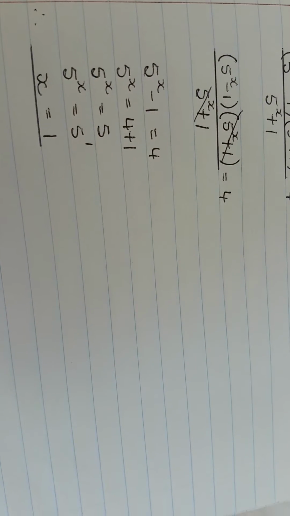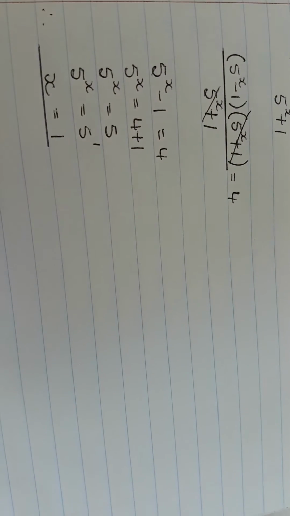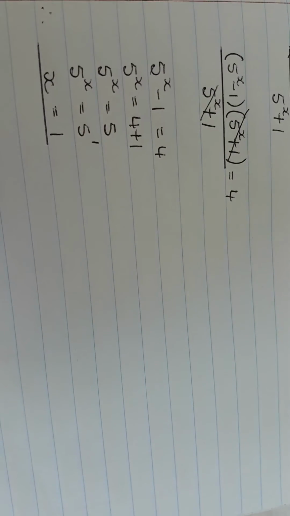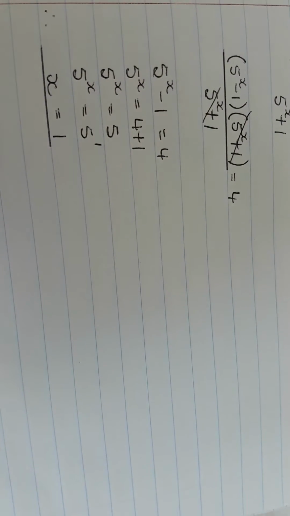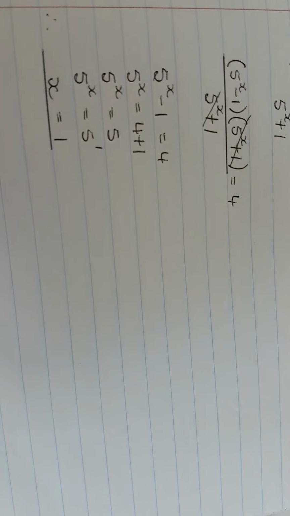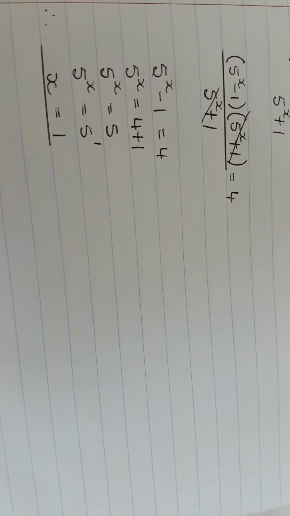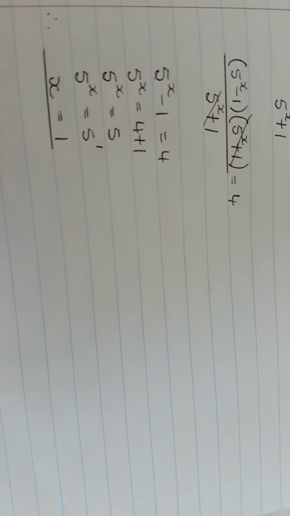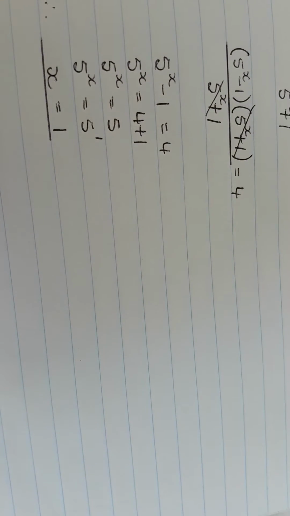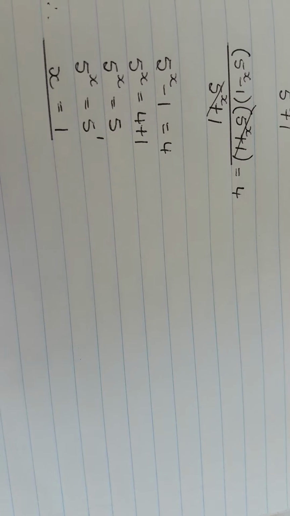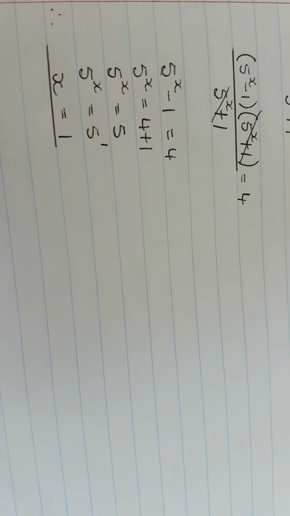In exponents, your goal should be to make sure that you have the same base so that you can add or subtract the exponents, depending. Sometimes you add the exponents, sometimes you subtract the exponents. But for today, we'll concentrate on this one.